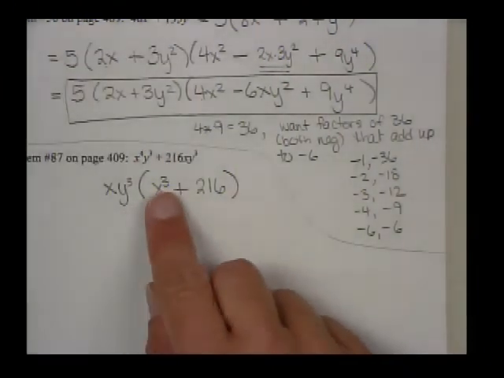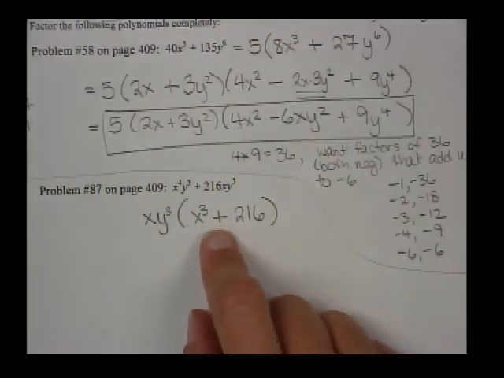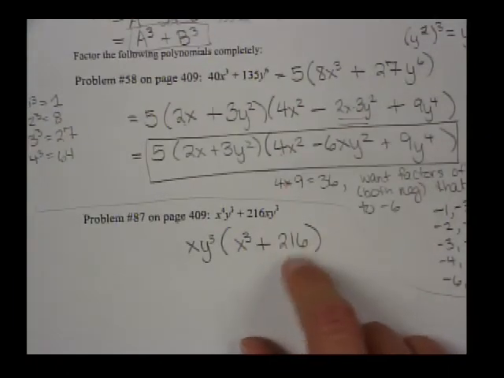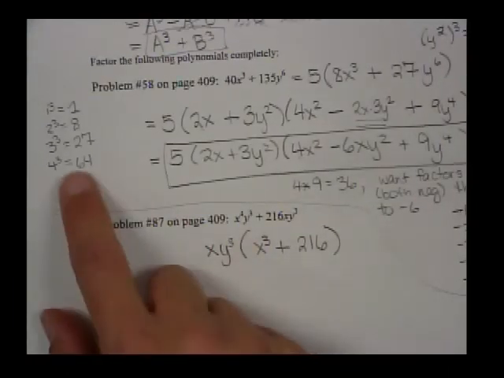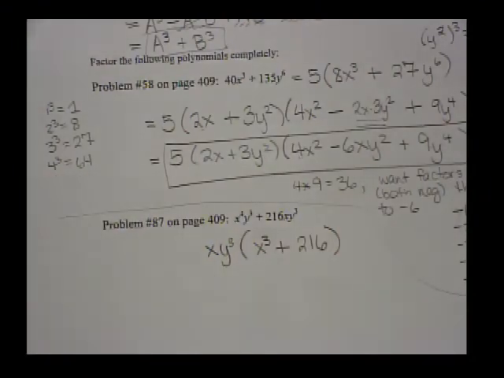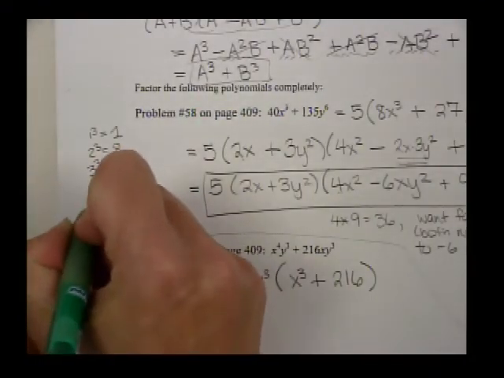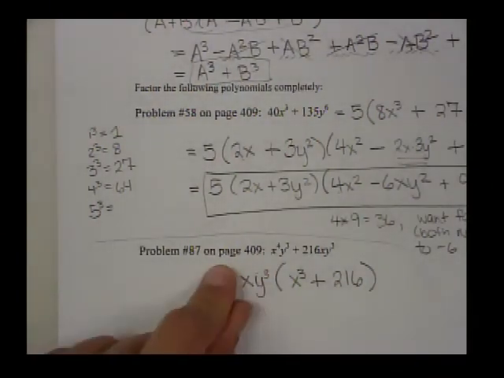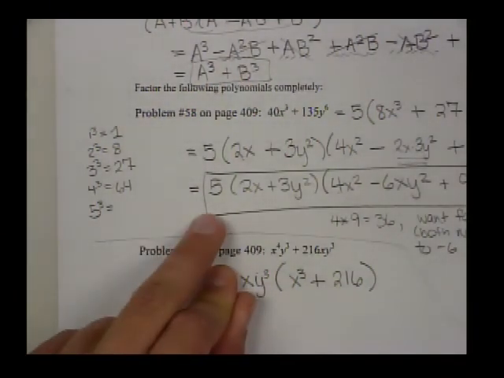Okay, so here I'm thinking this one is probably the sum of cubes too. I just don't know what I'm going to use for 216 yet. So let's see, I'm just going to continue in my list, and you can do this with your calculator, but 5 cubed. So I think 5 times 5 is 25, and then times 5 again. So whenever I have 25, I think of money.